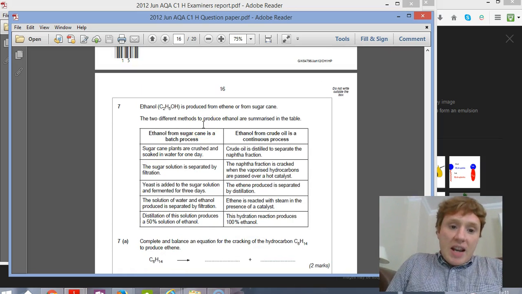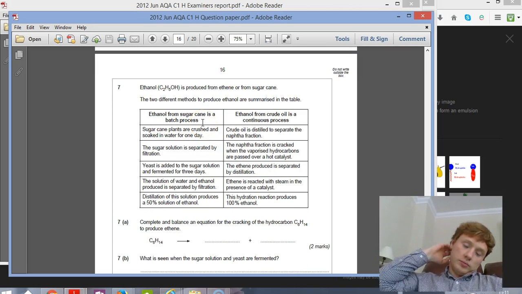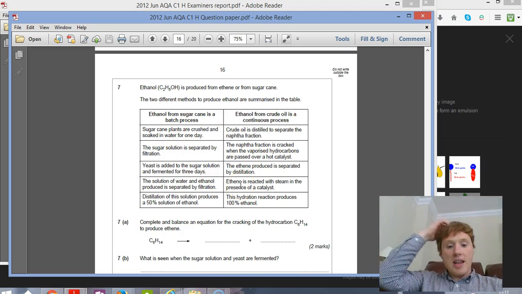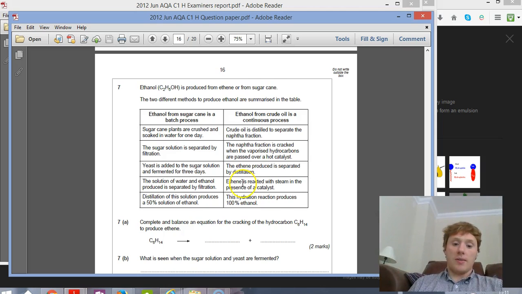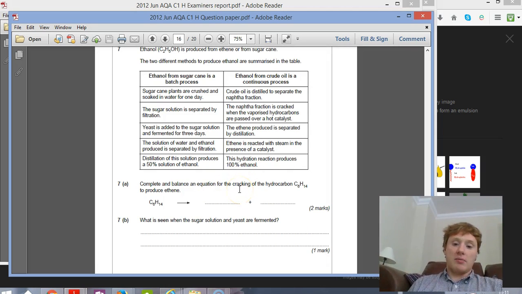Right, question 7, ethanol. So, there's 2 ways of making ethanol, from sugarcane or from crude oil. Okay, so it gives you a list of how each one is produced. So, complete a balanced equation for the cracking of the hydrocarbon to produce ethene. Off you go.